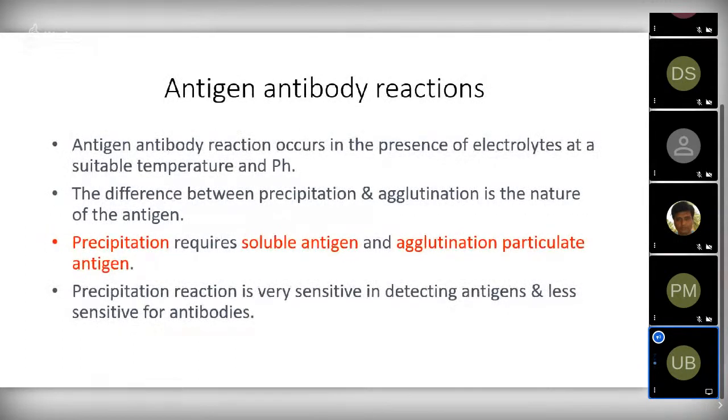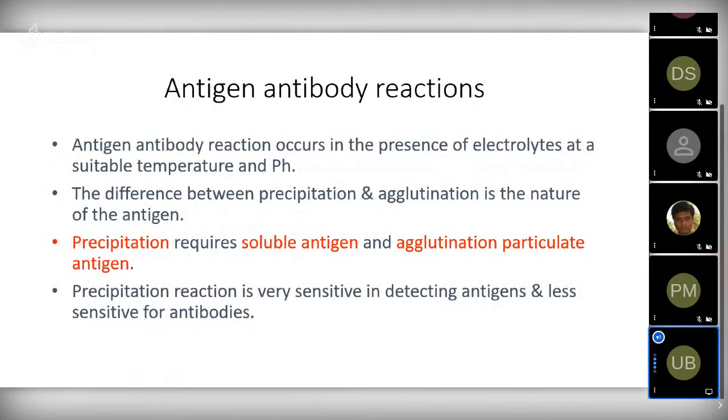And the antigen antibody reaction can occur in the presence of three conditions. One, the presence of electrolytes, and then a suitable temperature and pH. And there are two types of antigen antibody reactions, namely precipitation and agglutination. The basic difference between precipitation and agglutination is the nature of the antigen.